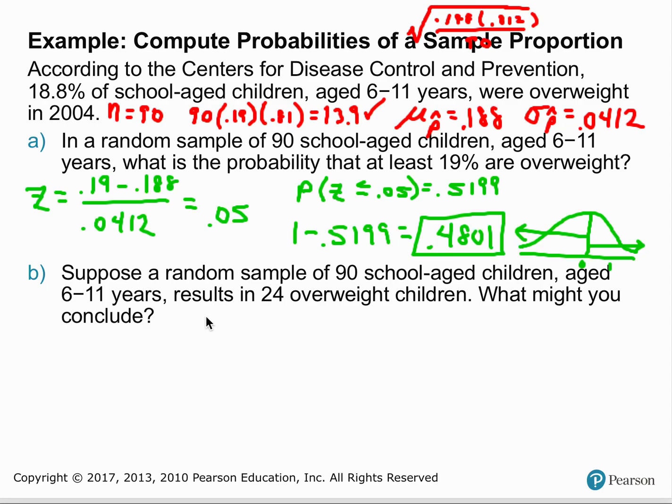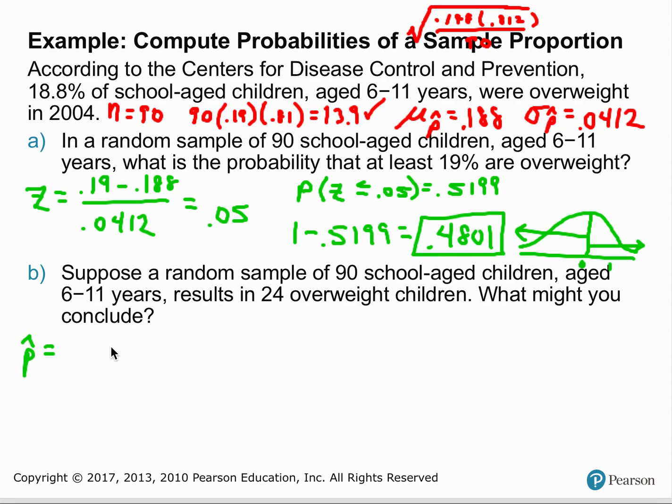Okay, this time, notice what it gave us. It gave us a number instead of the percentage. So the first thing I have to do is figure out what my point estimate is, my p-hat, in other words. Up here, it gave me it.